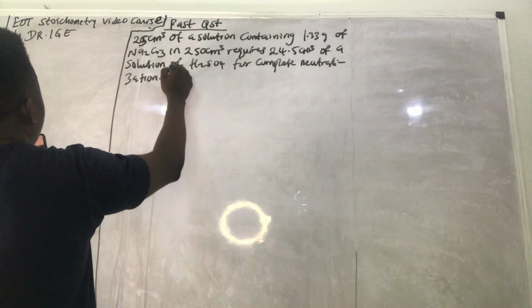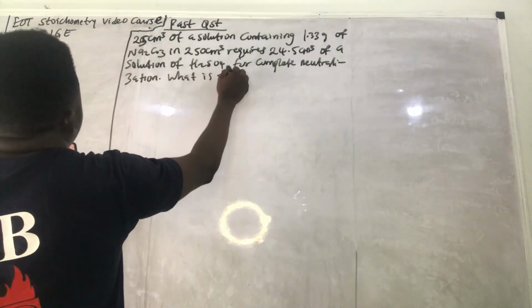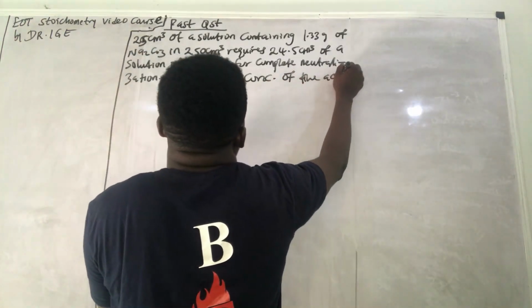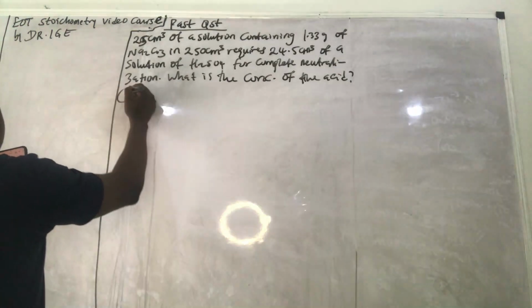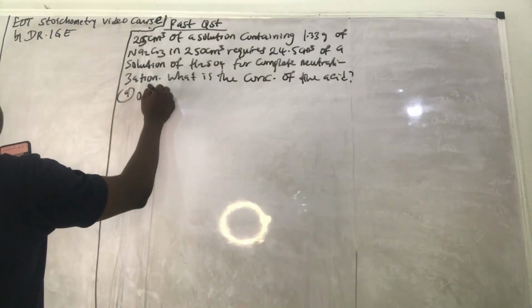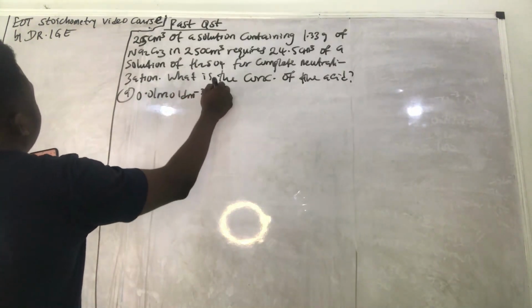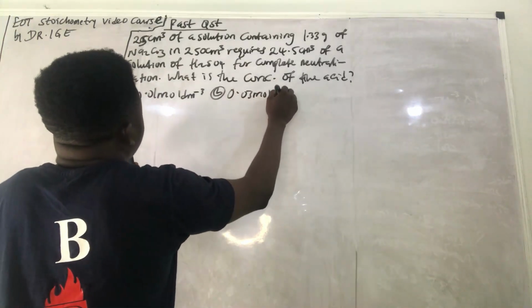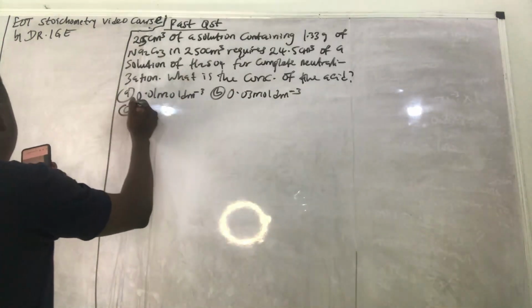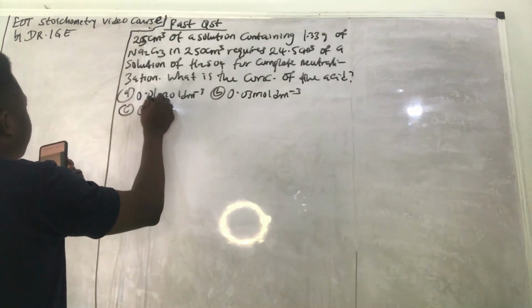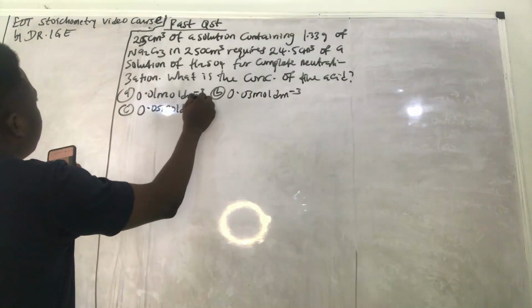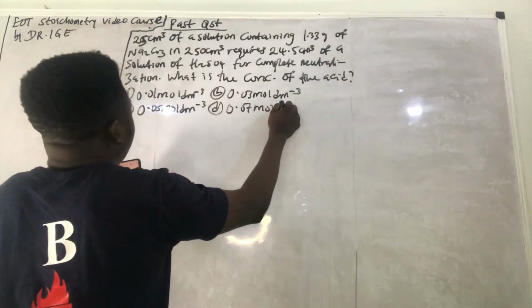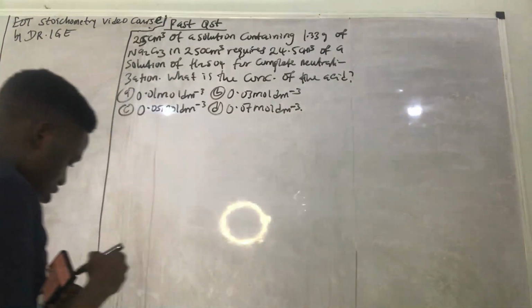What is the concentration of the acid? Given the options: option A is 0.01 mole per dm cube, option B is 0.03 mole per dm cube, option C is 0.05 mole per dm cube, and option D is 0.07 mole per dm cube.